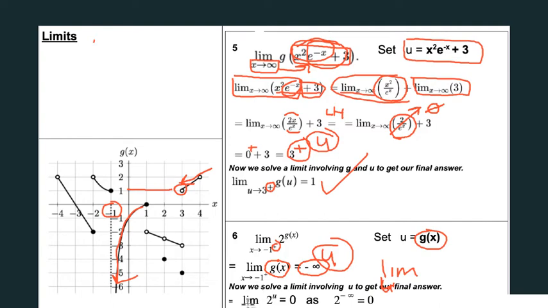You can't see it, but it's a limit as u approaches -infinity of 2 to the u. Well, if I put that in here, 2 to the -infinity means 1 divided by 2 to the infinity. And 1 divided by 2 an infinite number of times is very close to 0. Okay, 0, and it would be on the positive side.